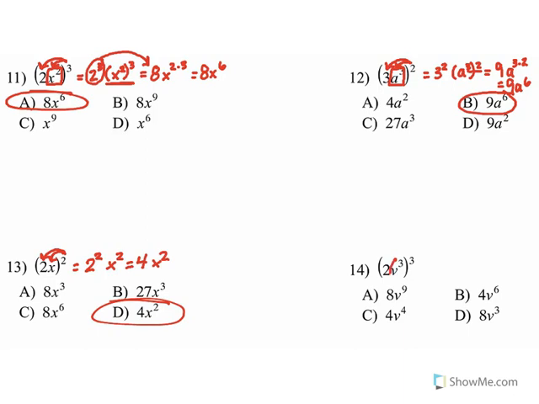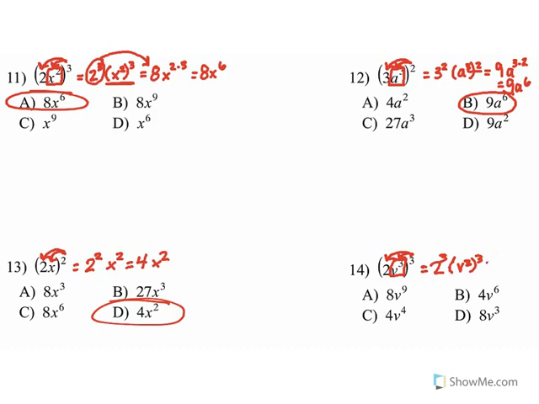Okay, now remember we keep this together in parentheses, but we're going to distribute this 3. So we have 2 to the third times v to the third, and remember the 3 goes with that also. So each of them got an exponent of 3. So we have 2 to the third.